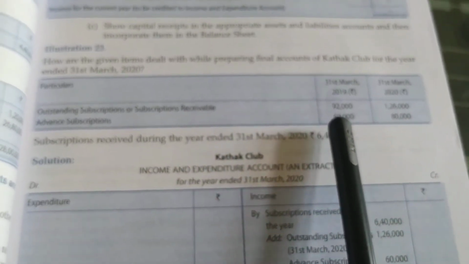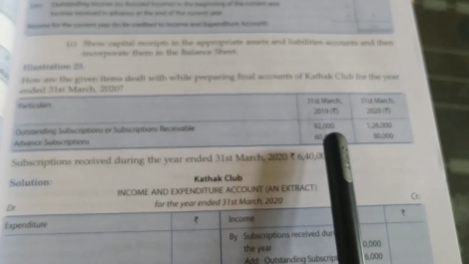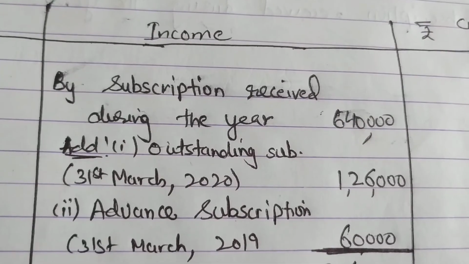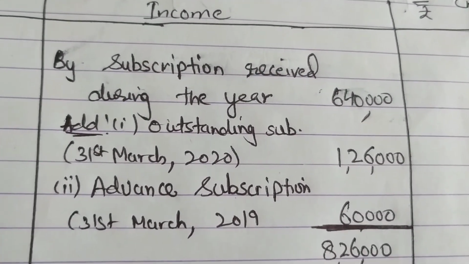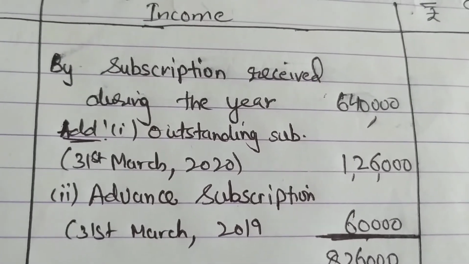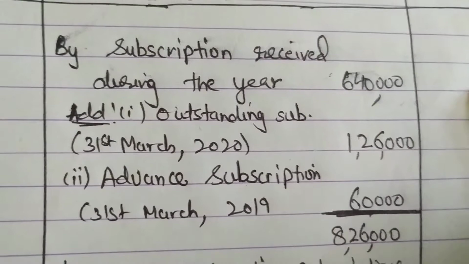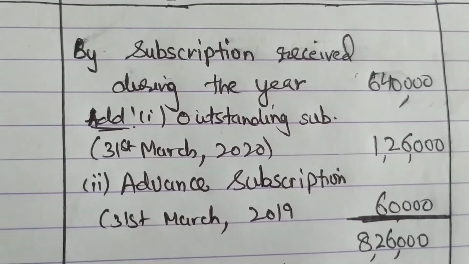So this advance is for the current year, as it is paid at the end of 2019. So this 60,000 will be added here. I will write advance subscription on 31st March 2019, 60,000, and we will add all the three items and the total will be 8,26,000.